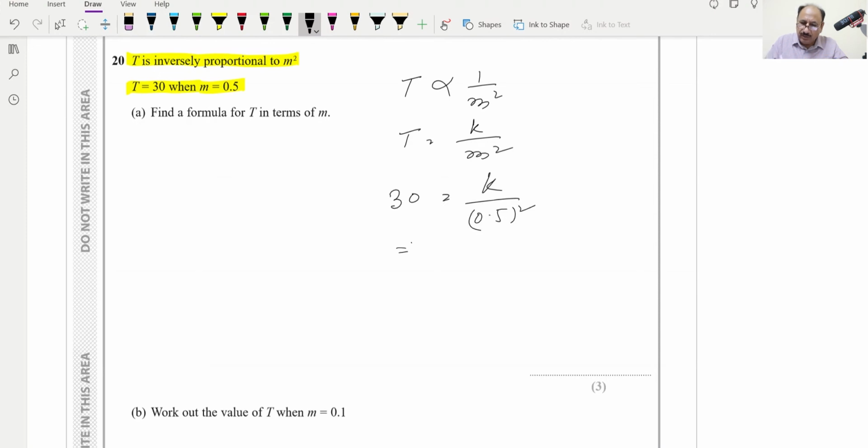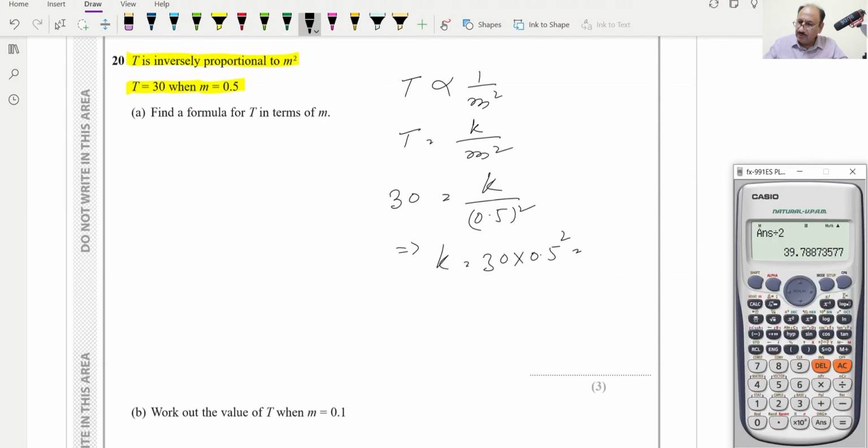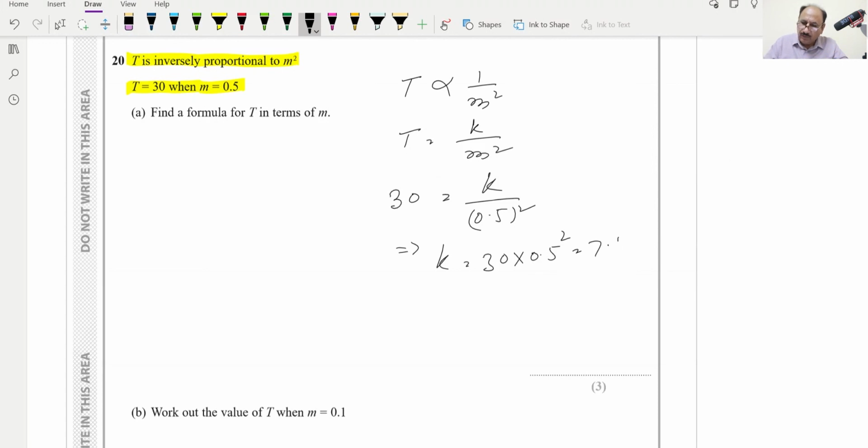This implies K will be equal to 30 multiplied by 0.5 squared, and this is equal to 7.5. So our equation will become T is equal to 7.5 over m squared.